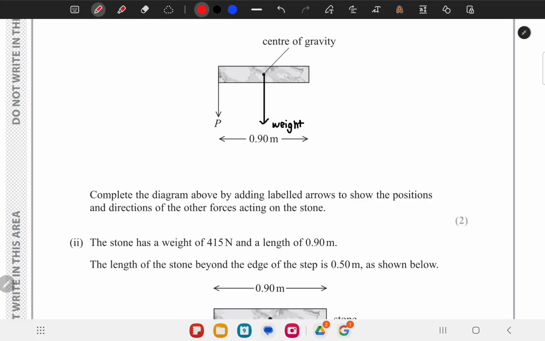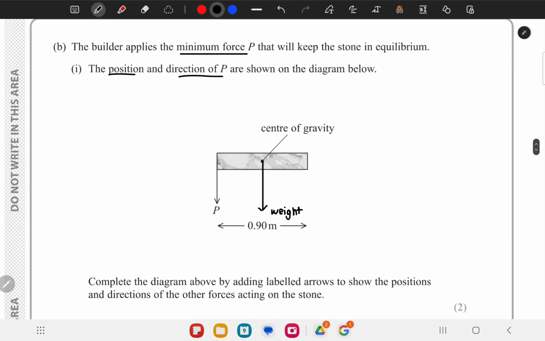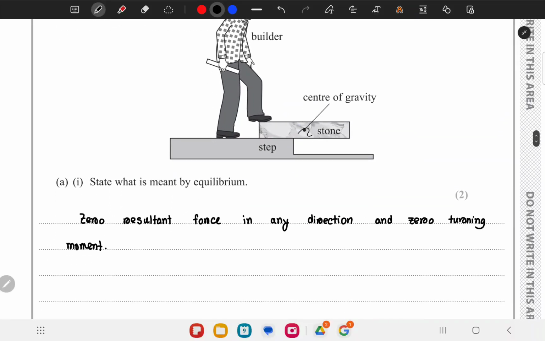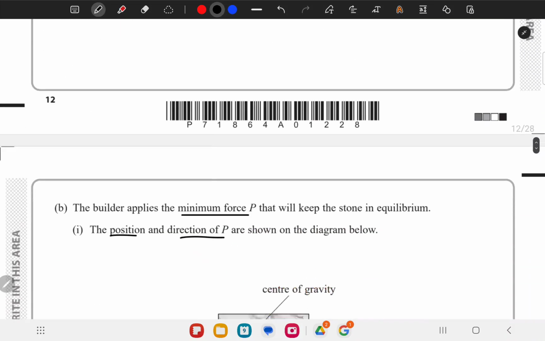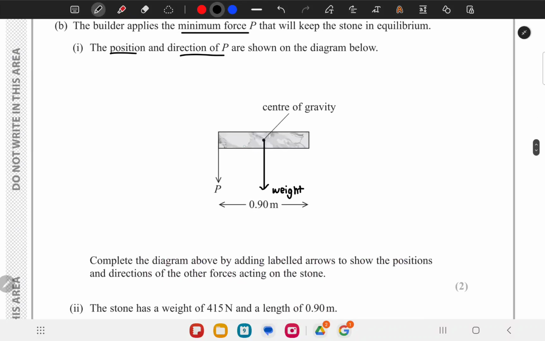We'll have another force. If we look over here, we have two downward forces but no upward forces. There must be upward force. The upward force will be from the normal contact. So from this point there will be a normal contact force on the stone. So somewhere along here from the ground upwards, this will be the force from the step.